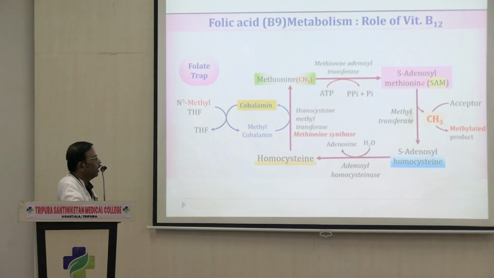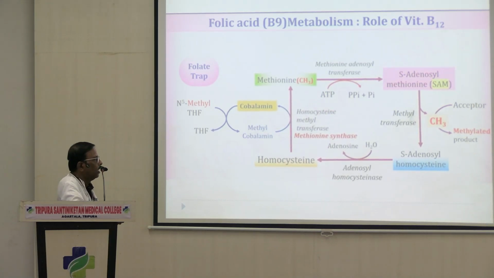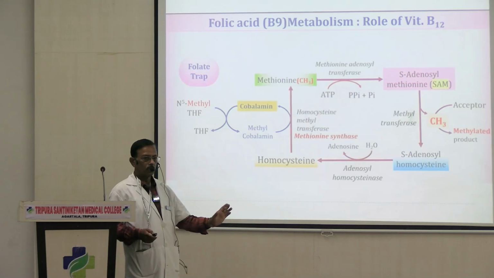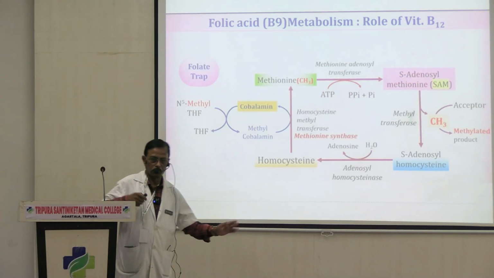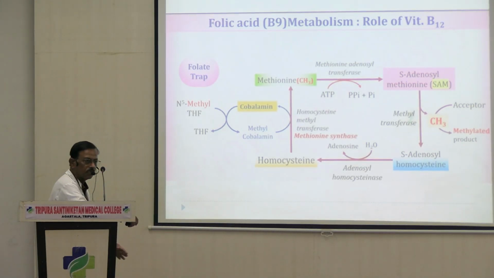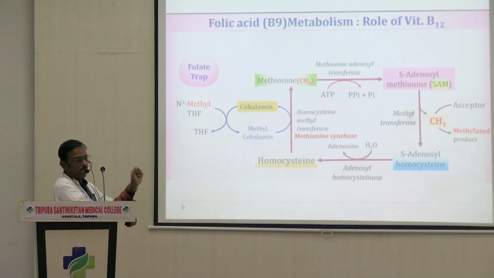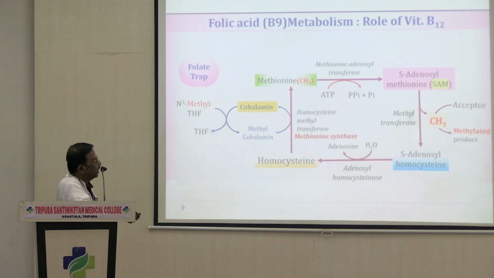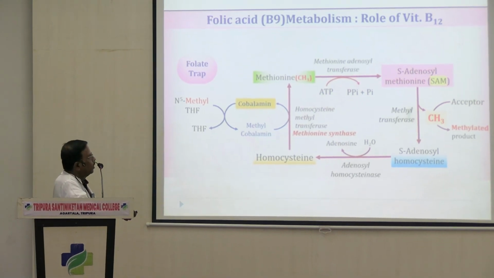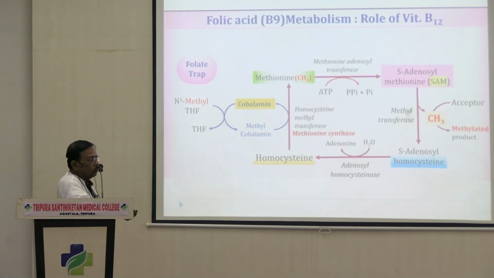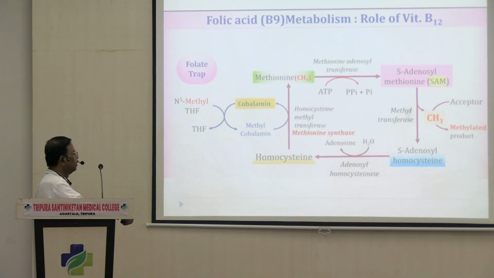Now it will donate the methyl group to the acceptor group. Acceptor group means there are bioamine syntheses, so they will need methylation. This methylation is done with the help of S-adenosyl methionine, and the S-adenosyl methionine becomes S-adenosyl homocysteine.